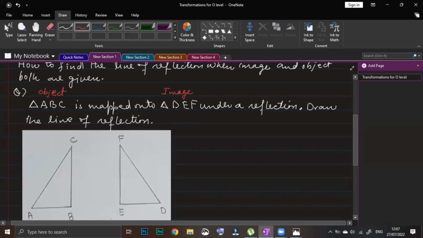We will always write down the coordinates in sequence. That is, A is mapped onto D. At the second position, there is written B, so B is mapped onto E and C is mapped onto F. We will always write the image and the object in the respective sequence.